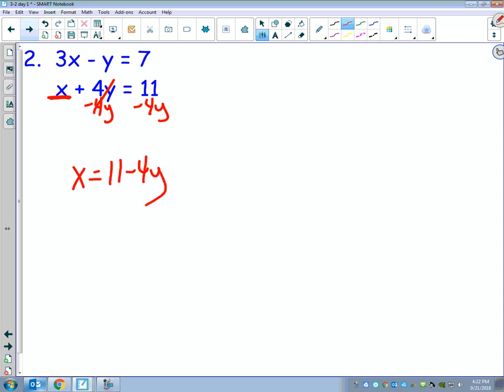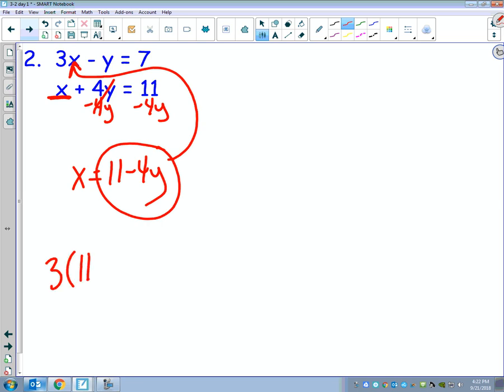Then what's my next step? I'm going to take this, and I'm going to plug it into the other equation. I'm going to substitute it in for x. So that becomes, instead of 3x, it's 3 times (11 minus 4y) minus y equals 7. And your line here should only have either x or y in it, not both.